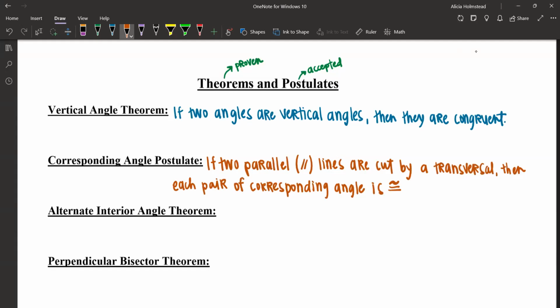So again, we were using this on your homework that corresponding angles are congruent, but that is just a postulate that is accepted.